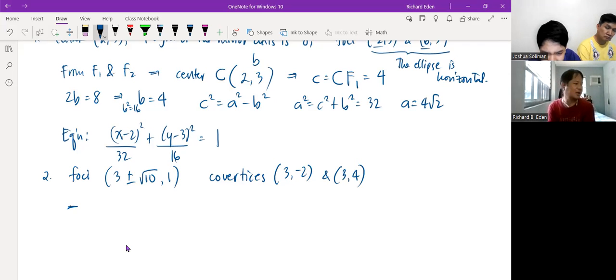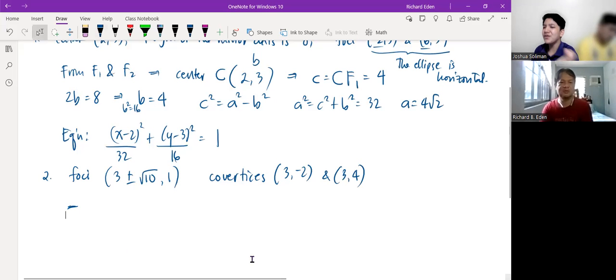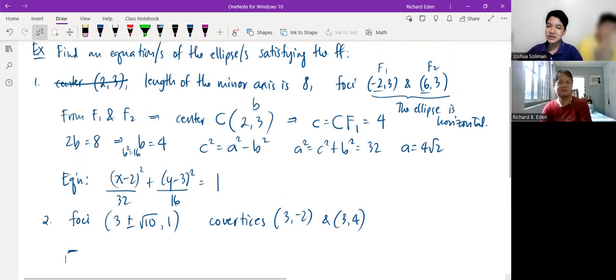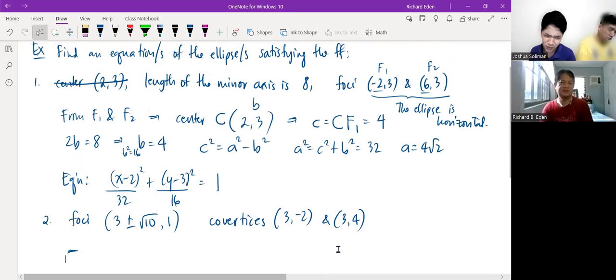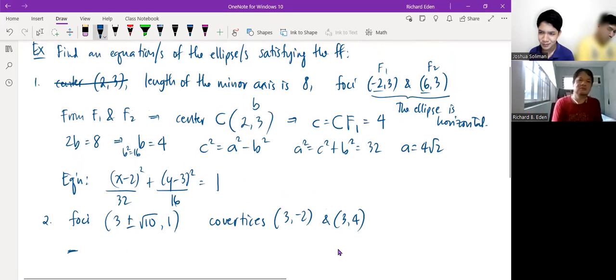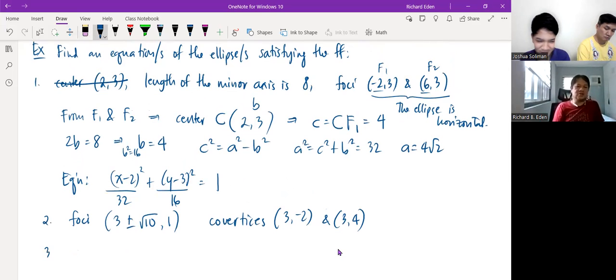But it seems like it's the same, no? Because when you get the vertices, you can get the minor axis or major axis. So therefore, yeah, you can solve it. Alright, so let's skip this because it's just a rehash of number 1. Number 3, let's go to the more exciting ones.